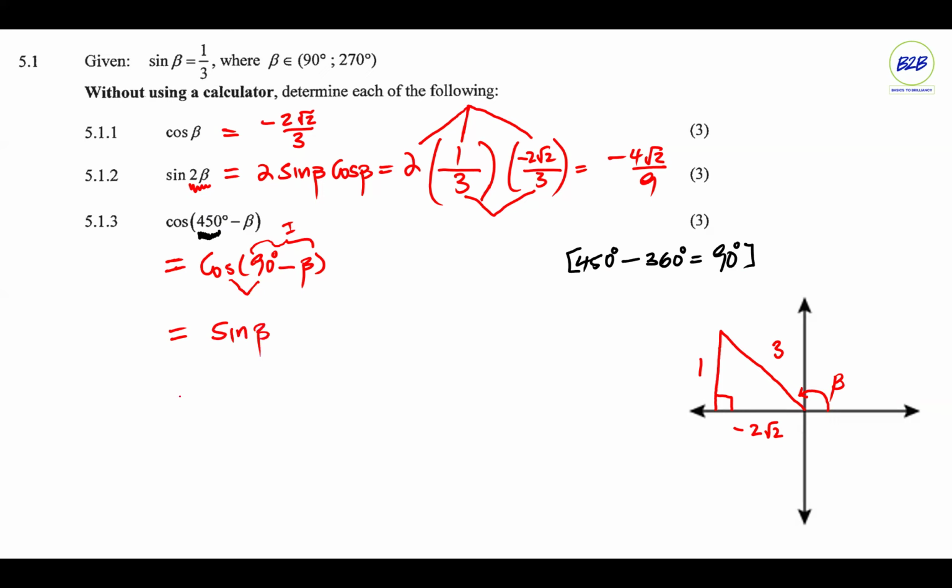Right. And we can easily get the value of sine beta from the diagram. Opposite, which is 1, over hypotenuse, which is 3, 1 over 3. And that, folks, is how it goes.